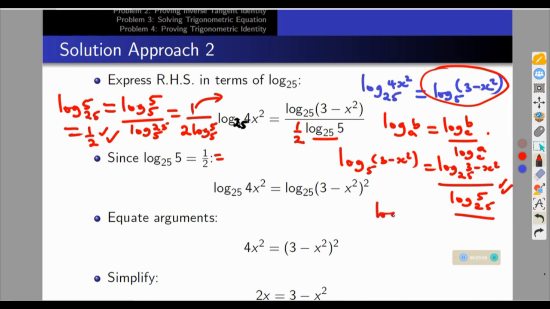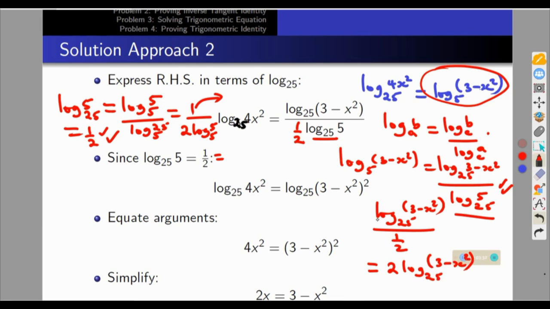So if you have log of 25 of 3 minus x squared divided by a half, this will be same as actually having 2 log of 25 of 3 minus x squared. That is what it means. So this one divided by a half is same as multiplying by the reciprocal of a half, which is 2. So this is same as 2 log of 25 of 3 minus x squared.